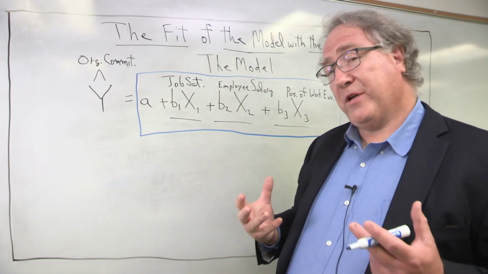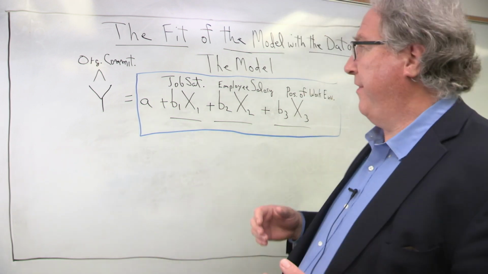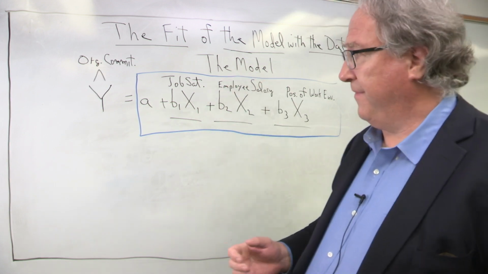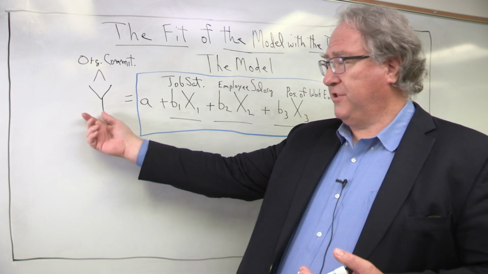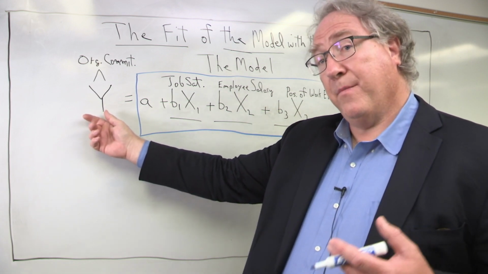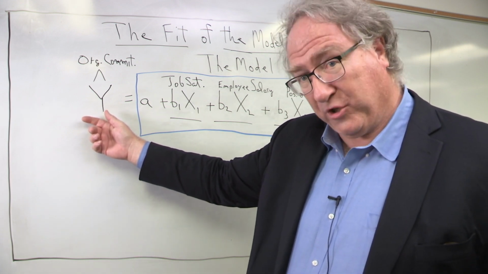Well, we're talking about the thing that the model produces. And here's what it produces, right here, y hat. And that is a predicted value on the outcome variable measure.